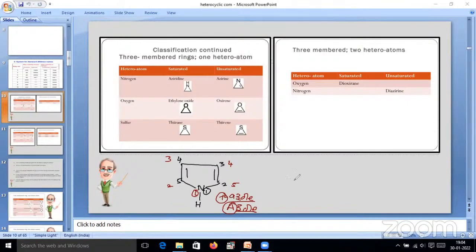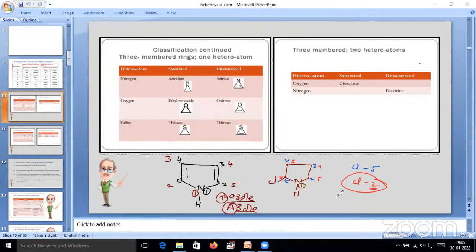Next one. Suppose the molecule has a substituent. For numbering, start from the nitrogen atom as first. Next we have different possibilities: 2, 3, 4, 5, or 1, 2, 3, 4, 5. According to the anticlockwise direction, chlorine gets the 5th number. According to the clockwise direction, chlorine gets the 2nd number.